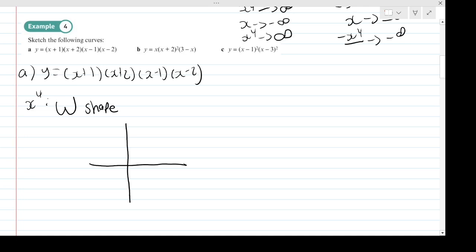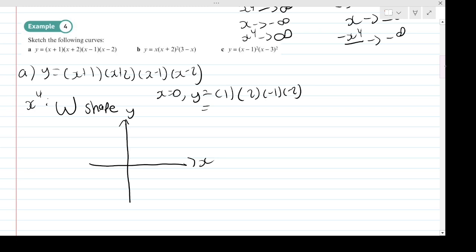Cool. Now let's actually go on to sketching it. So draw our axes, x and y. Then we need the y-intercept firstly. That's if you set x to 0. So when x is 0, let's set 0 to x in each bracket. So we get 0 plus 1, it's going to be 1, then 2, then minus 1, then minus 2.